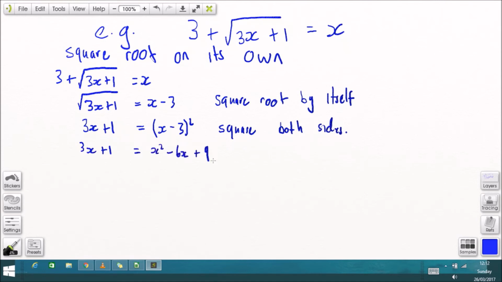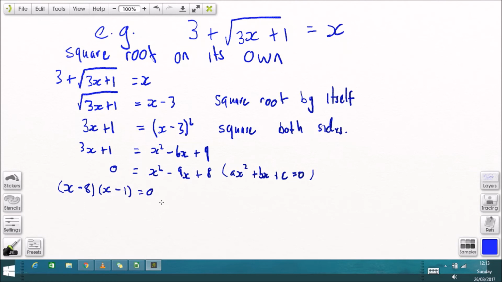I'll just expand that out. I'll get it all equal to 0, so it's ready to be factorized. This is just your general form of a quadratic equation, ax squared plus bx plus c. Let it equal 0 so we can solve it. You don't have to factorize once again. You can, but you don't have to. Factorized, it will be x minus 8 and x minus 1.